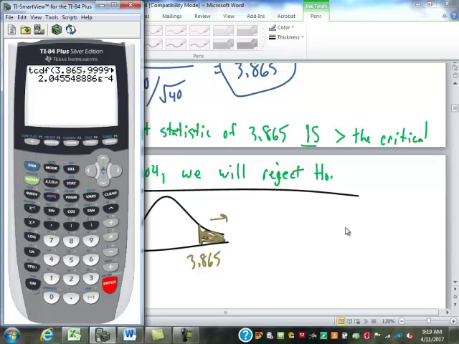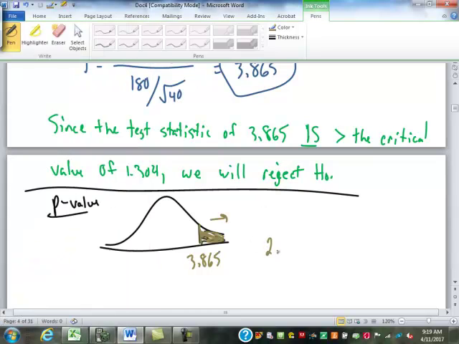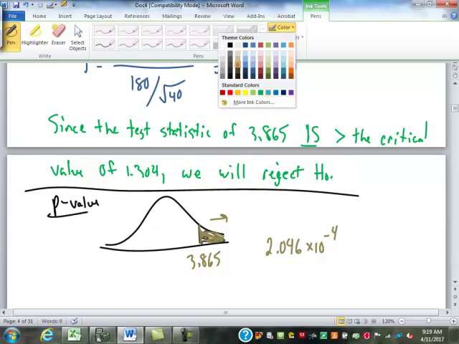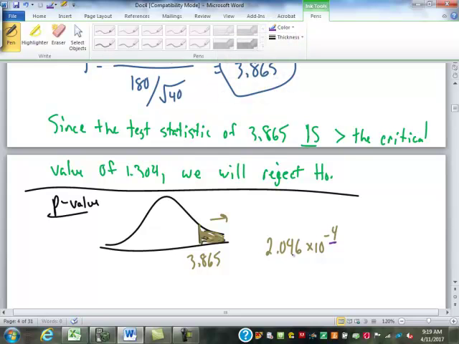This throws it back to us in scientific notation: 2.046 times 10 to the negative 4. Remember, this just means the decimal point has to move 4 spots this way. So that's 0.0002046. 0.0002 is probably far enough.